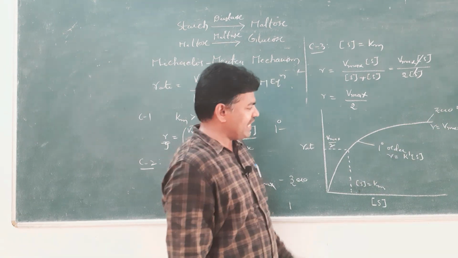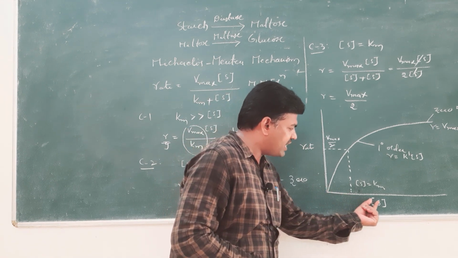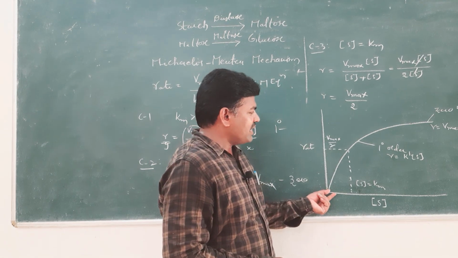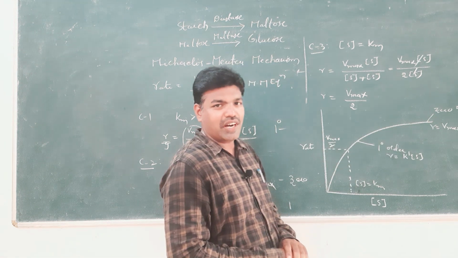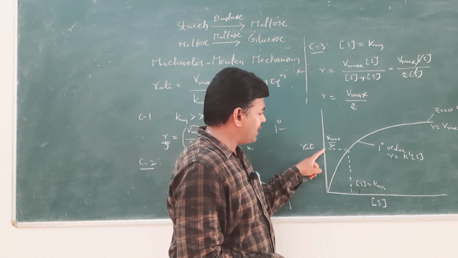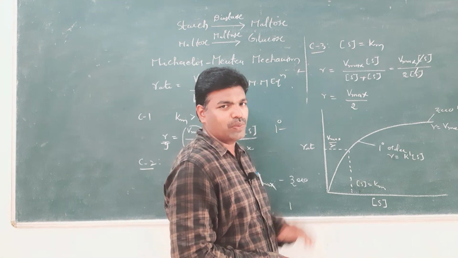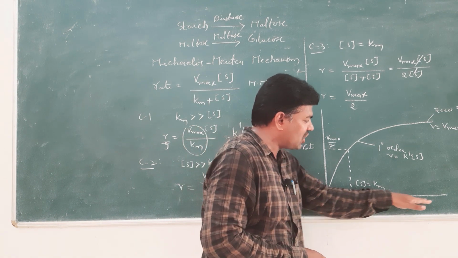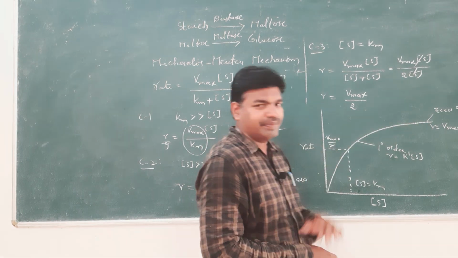When we observe this graph, with increasing substrate concentration, reaction kinetics changes from first order to zero order, and when the Michaelis-Menten constant is equal to the concentration of S, the rate is Vmax by 2.